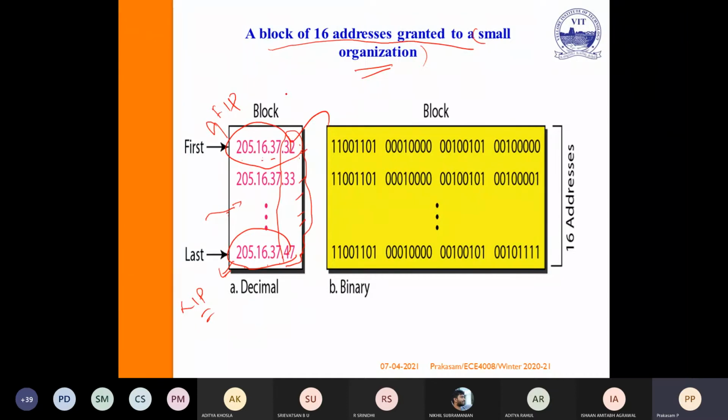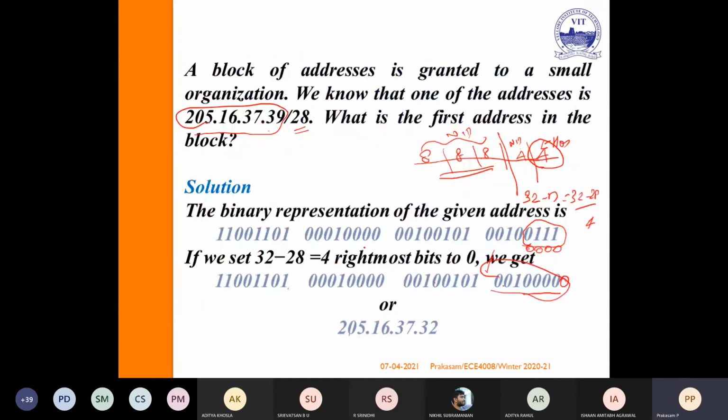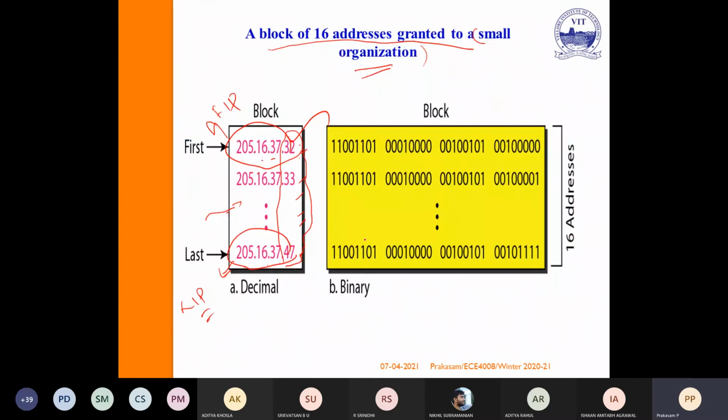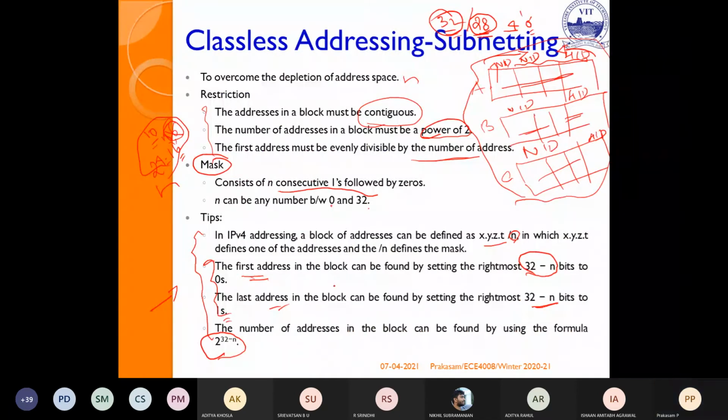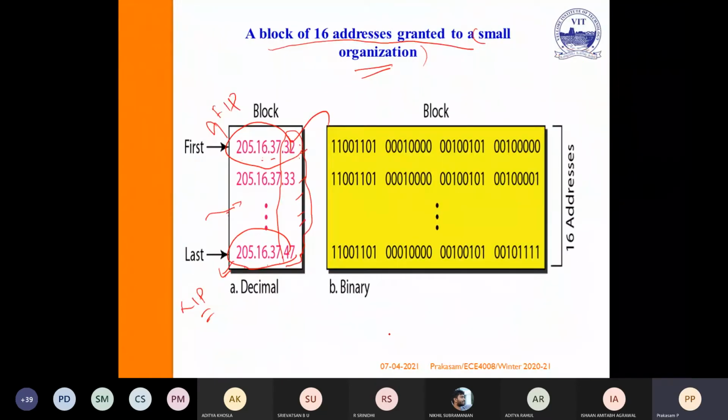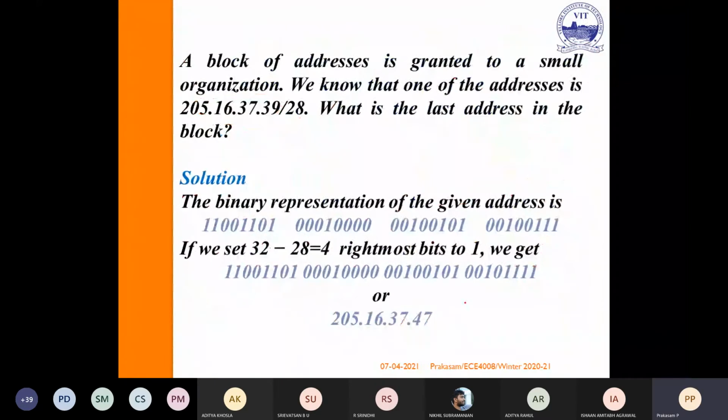Similarly, the last IP address can be found by setting the rightmost 32 minus n bits to 1. Again 32 minus 28 is 4, so these are the rightmost 4 bits.